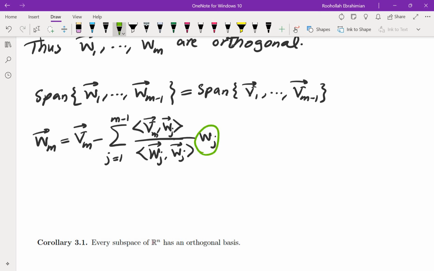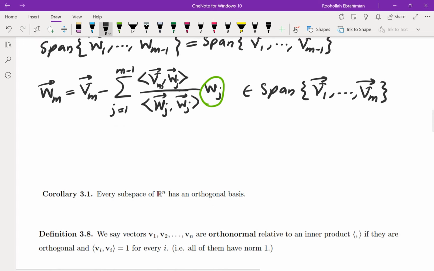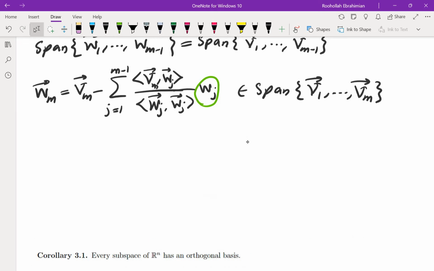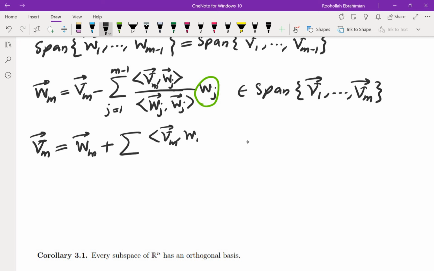Since each of these is in the span of v1 through v(m-1), wm is in the span of v1 through vm. Similarly, vm is also in the span of w1 through wm, because if you solve for vm from here, you get wm plus this sum, and these are just scalars.